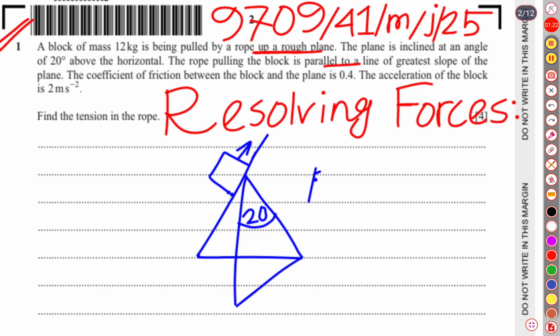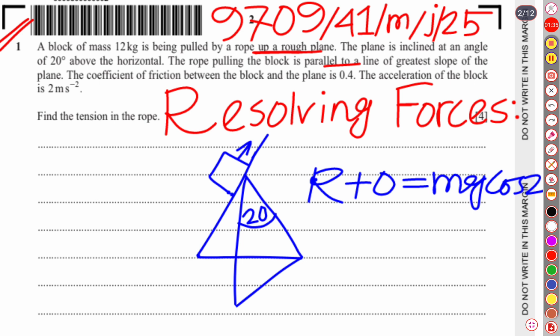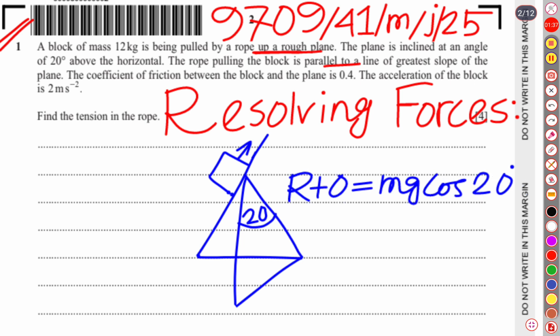So, normal reaction force, if we calculate, is R. There is no upward force, the downward force is nothing but the weight component, mg cos 20 degrees.